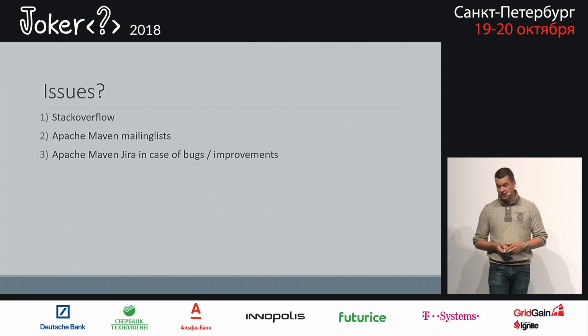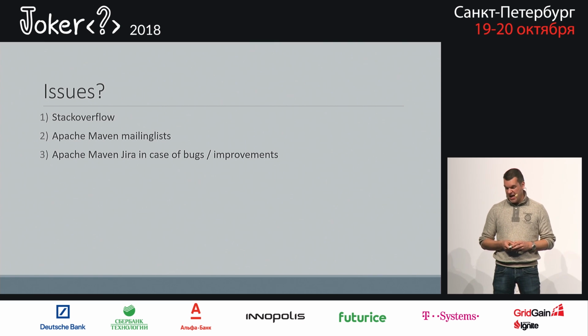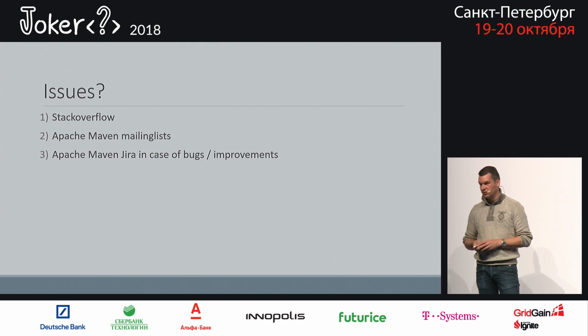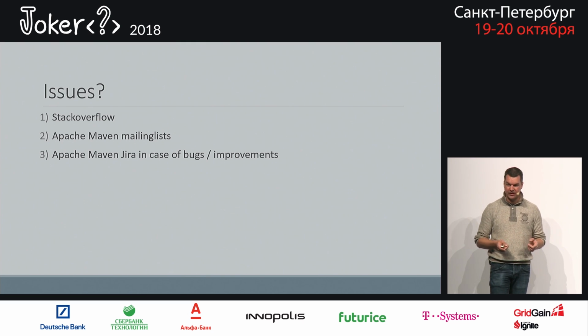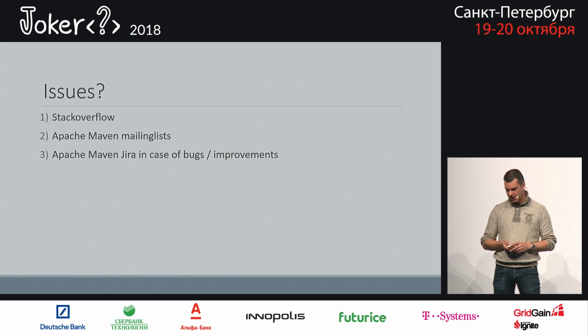If you think there's a bug, of course, you can always go to the Apache Maven mailing list. And there's also, of course, Jira, where you can say, well, I found a bug or an improvement. But please be sure that it is really a bug. Sometimes it is fine to just go first to the mailing list, ask if this is really a bug, and then we can work on it together.